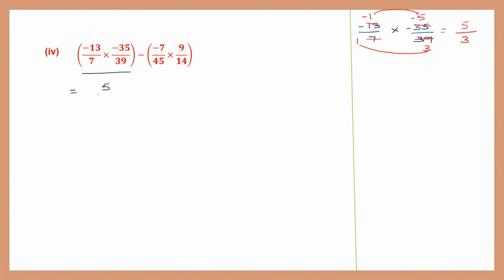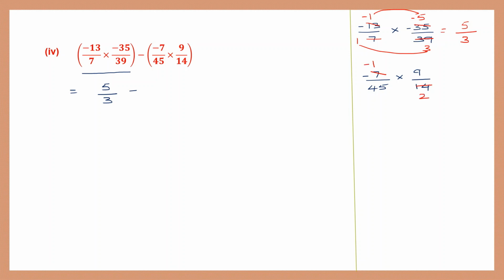We have 5 by 3 minus, now let's take up the second set, minus 7 by 45 into 9 by 14. So here, let's see what we can cancel. We can cancel 7 and 14 by 7 itself. 7 ones are 7. So minus 1, 7 twos are 14.